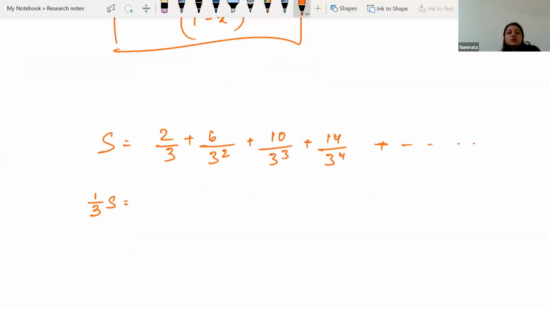If you learn the process, it will help you. So 1 by 3 will be multiplied.